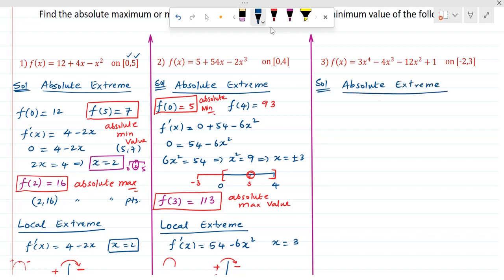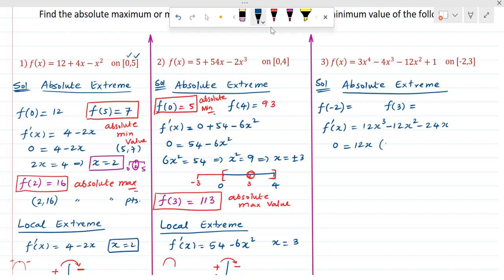Here, for the given function, I have to put f of minus 2, then f of plus 3, and I have to find the critical value. What is the first derivative? It is 12x power 3 minus 12x square minus 24x. If I put it equal to 0, what is the common factor?